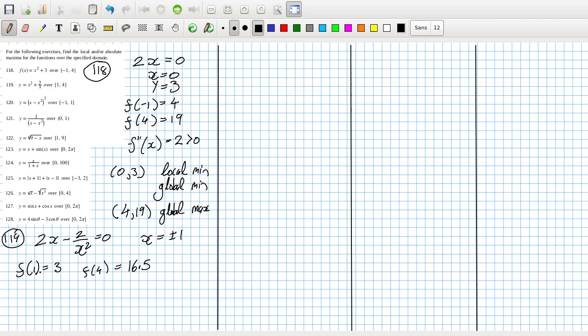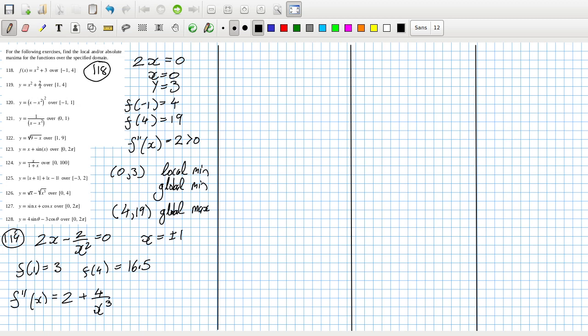And I might need the second derivative as well. So the second derivative is 2 plus 4 over x cubed.